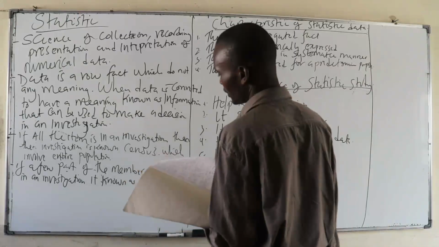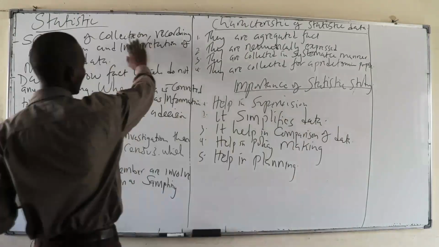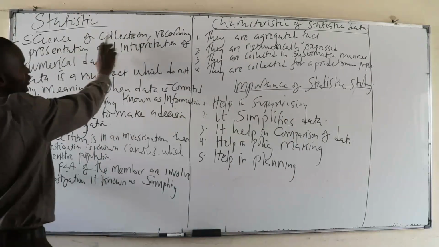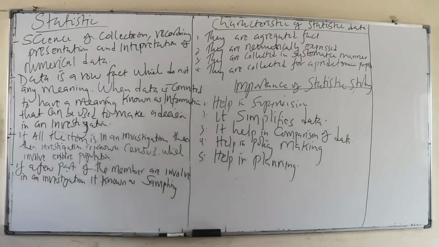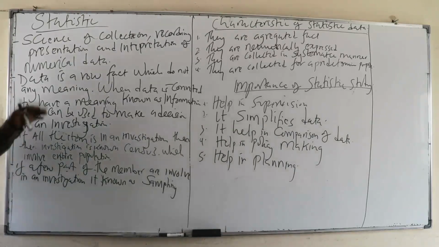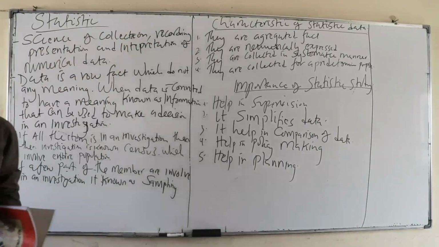So we said statistics is a method of collection, recording, presentation, and interpretation. So those are the classifications of statistics. Are we together? So first of all, we want to start with the collection of data. How do we collect data now?